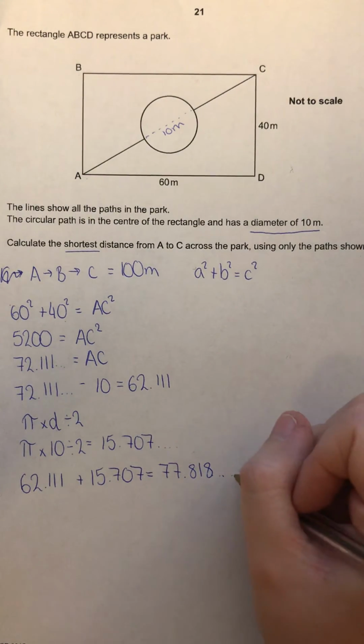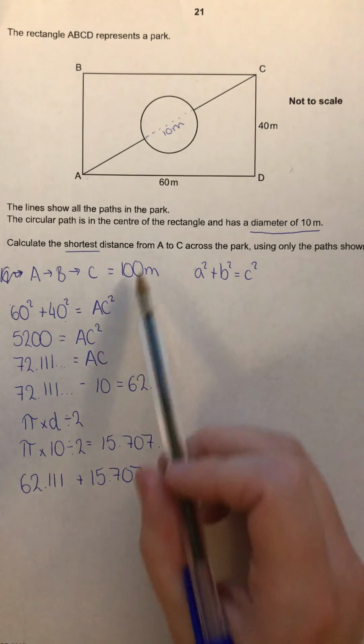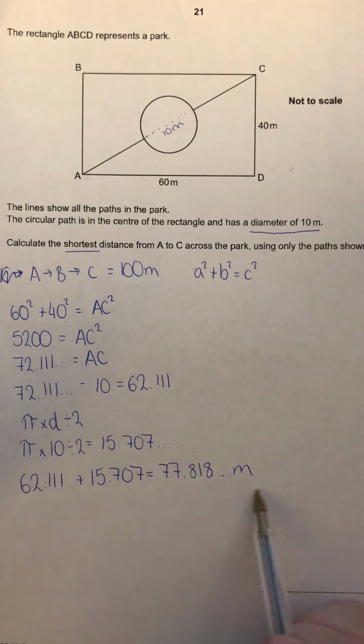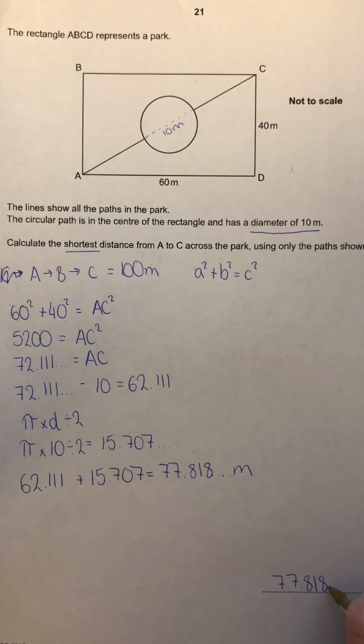And that is a lot shorter than the original 100. So that there is your answer, 77.818 metres.